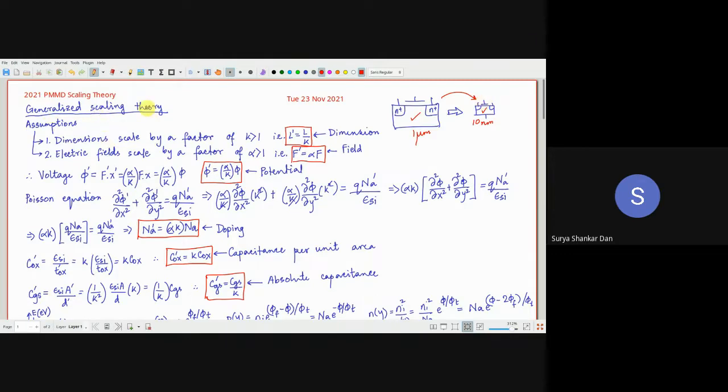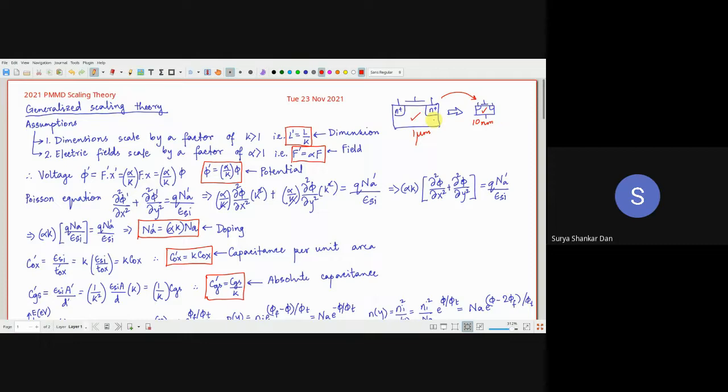So in the scaling theory, we will learn that if you want to scale the device, we have to make certain other changes inside the device as well. And if we can do that, only then will the scaled device perform better than the long channel device. Just downscaling the device dimension will not help us.